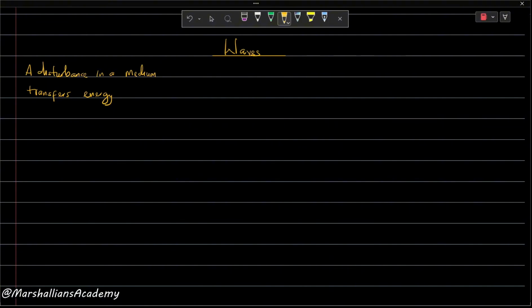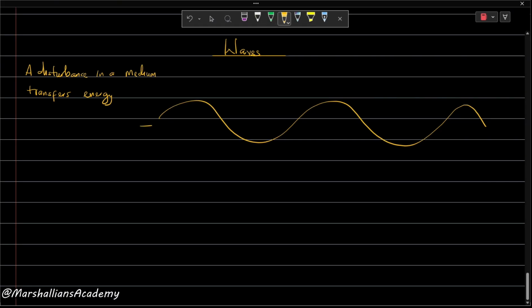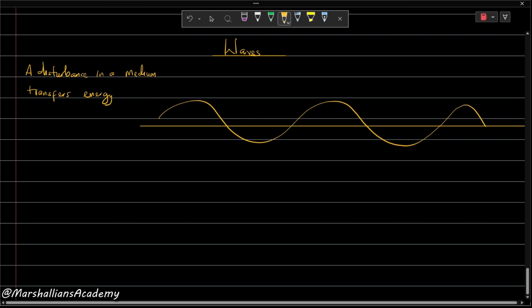Basically, waves have some basic characteristics. Let me try and illustrate what a wave is going to look like. Imagine this is a wave. Basically, let me use the word waves. They have some basic characteristics. And what are the characteristics?